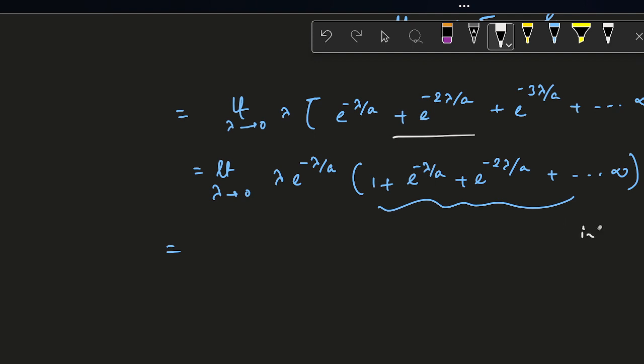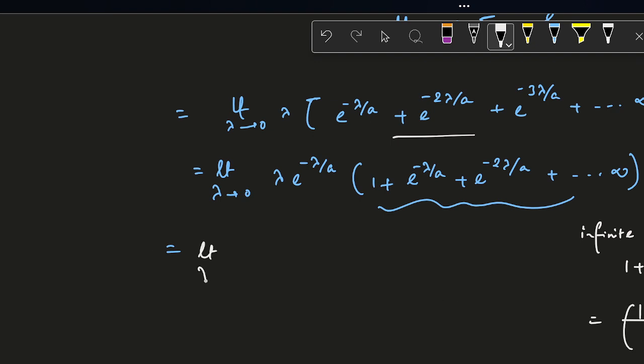It is an infinite series sum, where we know that if the infinite series goes like 1 plus x plus x squared plus x cube plus up to infinity, then this series sum gives you 1 by 1 minus x. Okay, so this is the summation result.